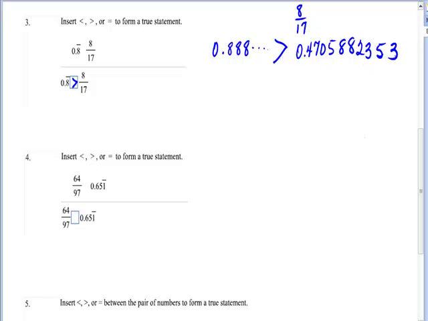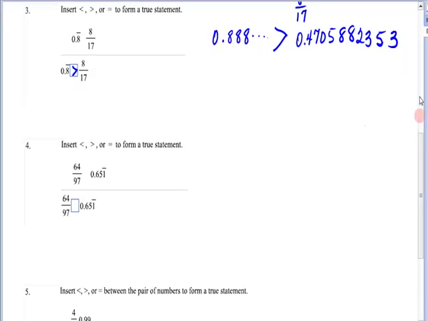So it didn't really matter. I don't know if this is going to repeat as 353535 or what. It's not really significant because I see a difference immediately in the tenths.